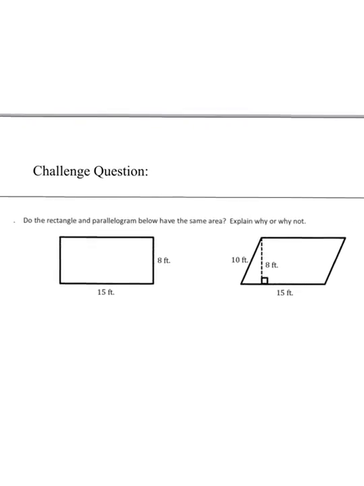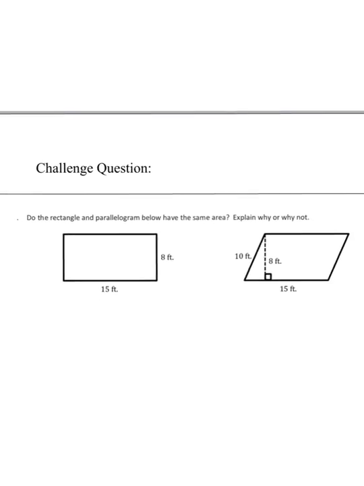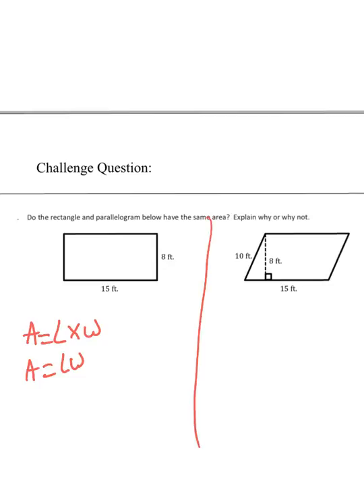Okay, so what do we know about the area of a rectangle? Remember from before, you can back the video up if you need to. Area is equal to, say it with me, length times width. Here, you know that area is equal to base times height.